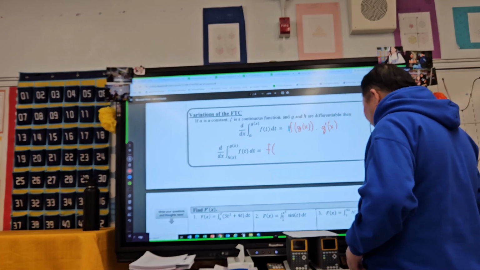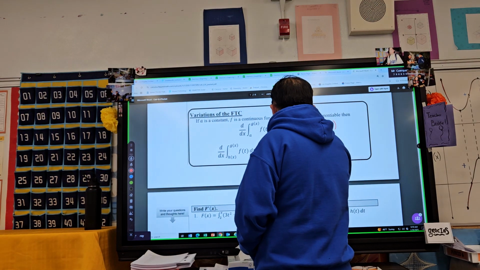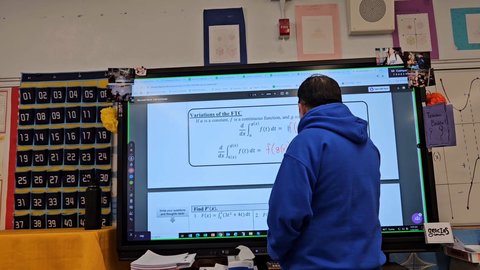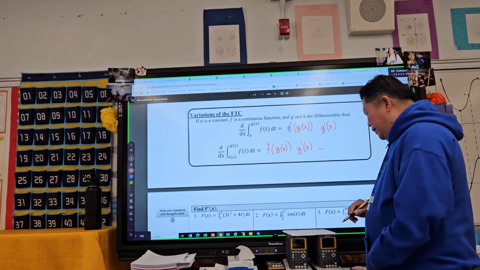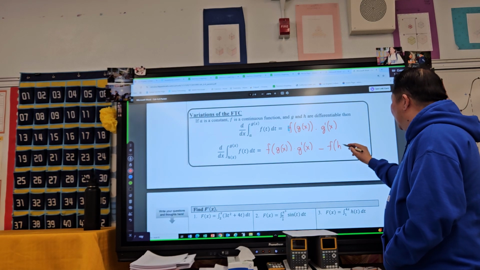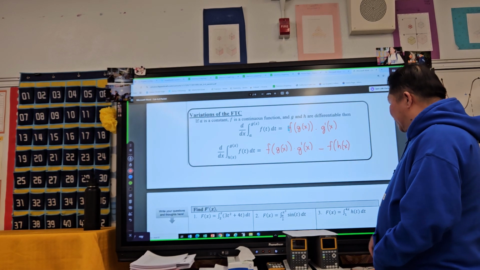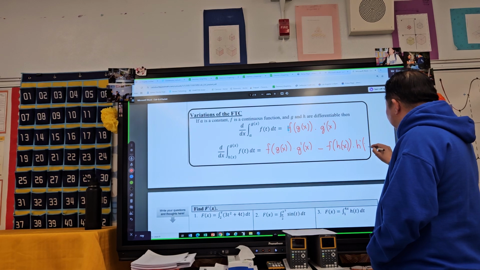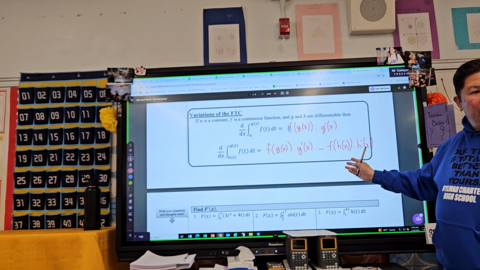So we have f of g of x times g prime of x, and then minus f of h of x, and then times h prime of x.